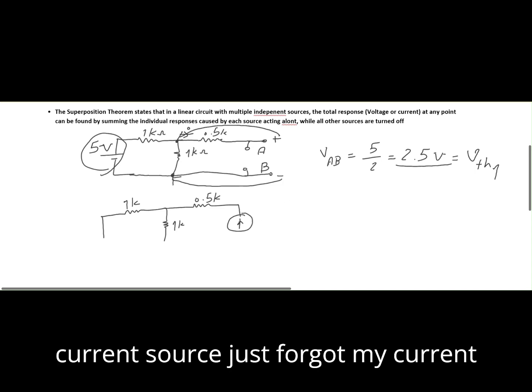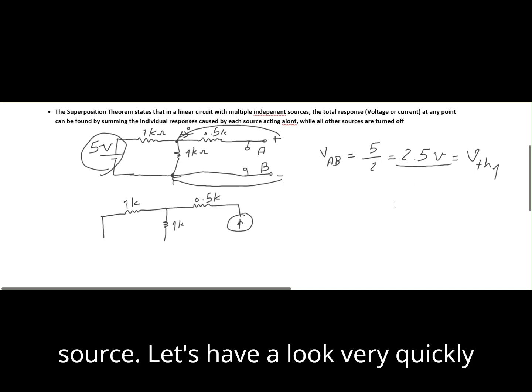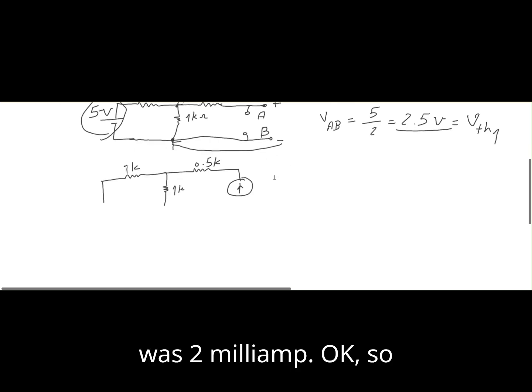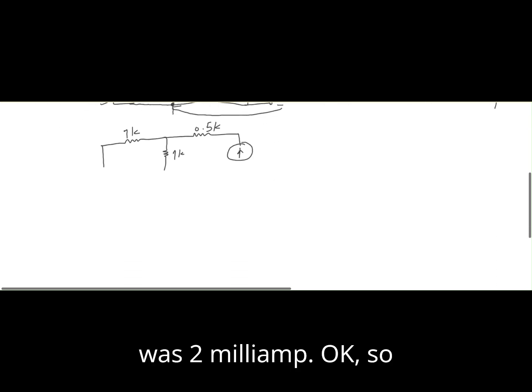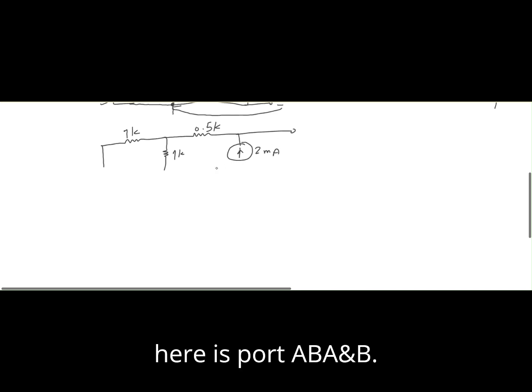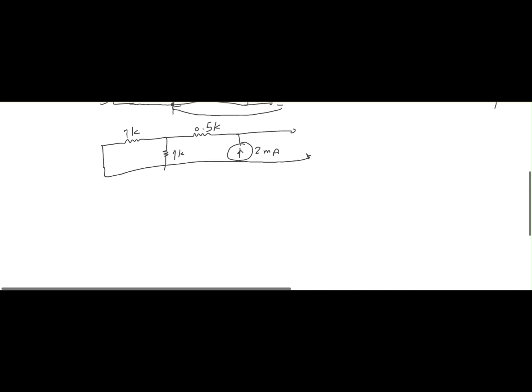I forgot my current source. Let's have a look very quickly. It was 2 milliamp. Okay, so my current source is 2 milliamp, and again here is port AB, A and B. Okay, so it's easy.